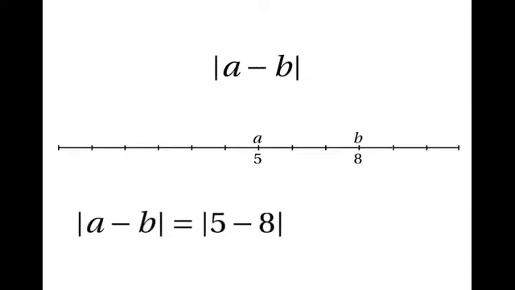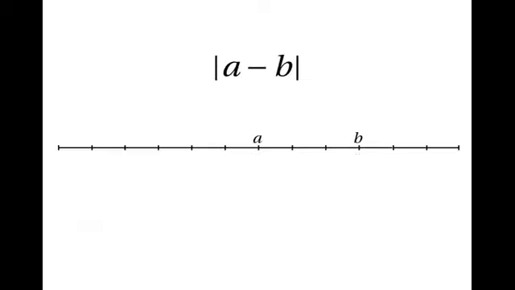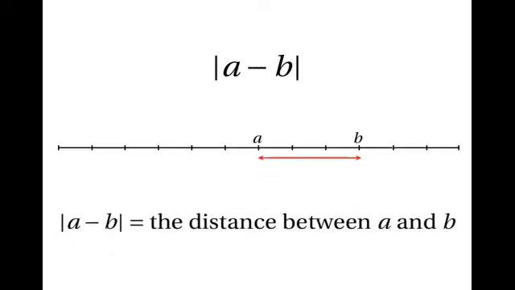In that case, the absolute value of a minus b is the absolute value of 5 minus 8, which is the absolute value of minus 3, and that's still equal to 3. And hopefully what you've noticed is that in both cases, the modulus of a minus b, or the absolute value of a minus b, is the distance between a and b on the number line.